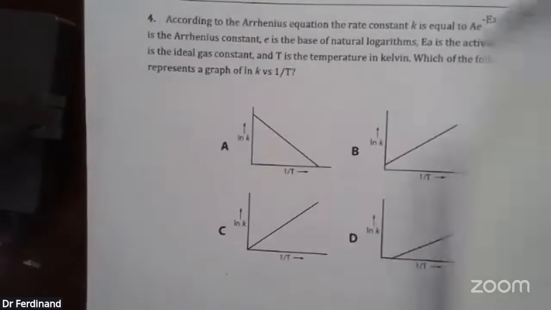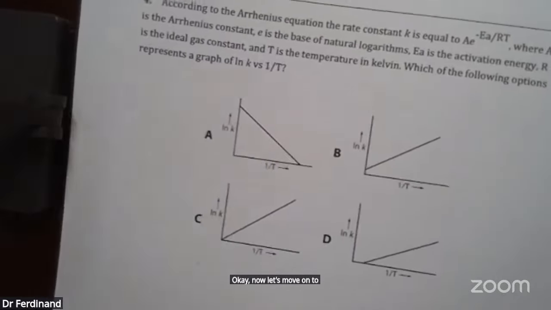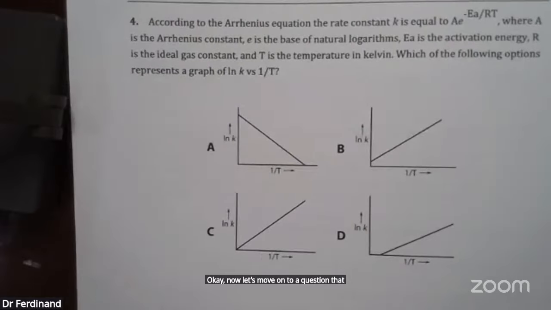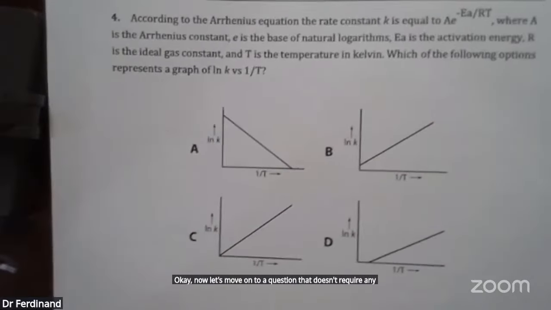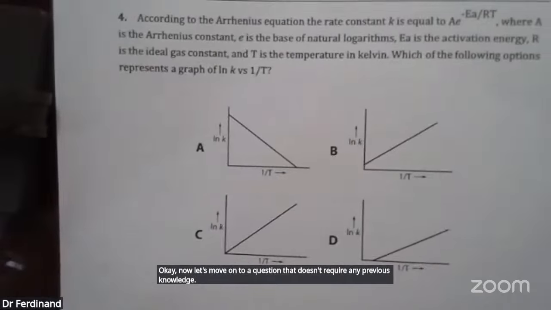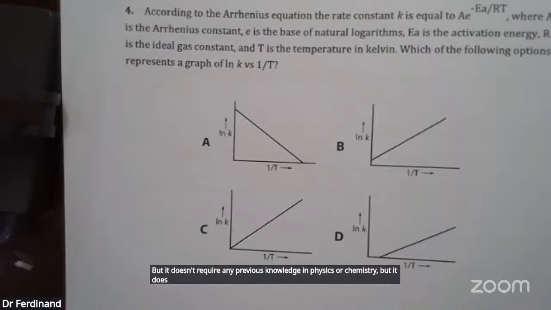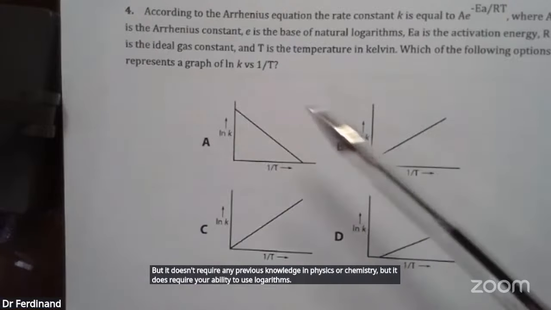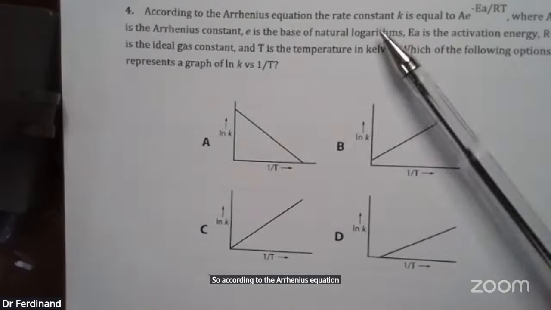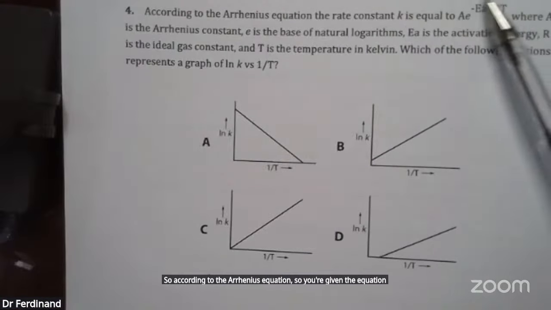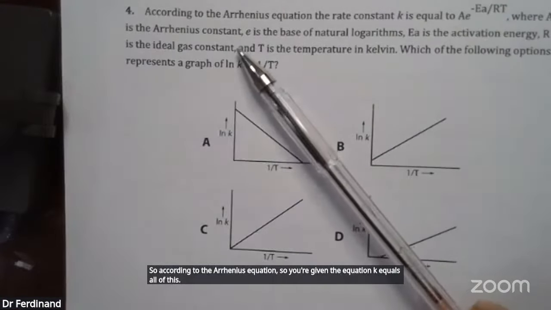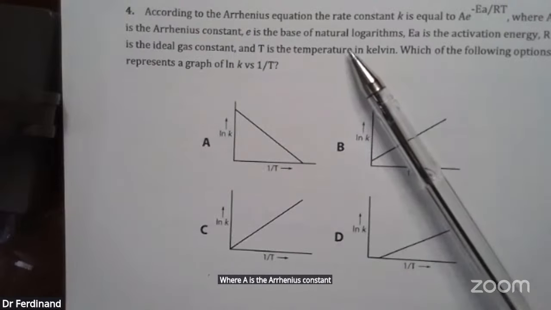Okay, now let's move on to a question that doesn't require any previous knowledge in physics or chemistry, but it does require your ability to use logarithms. So according to the Arrhenius equation, you're given the equation k equals all of this, where A is the Arrhenius constant, e is the base of natural logarithms.